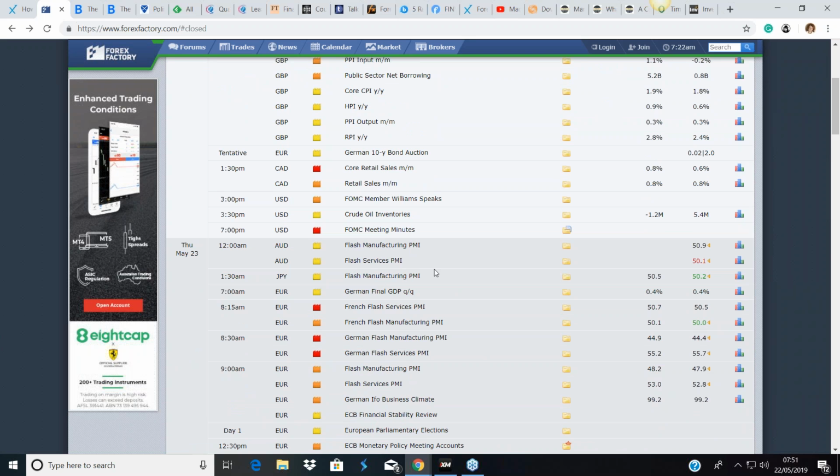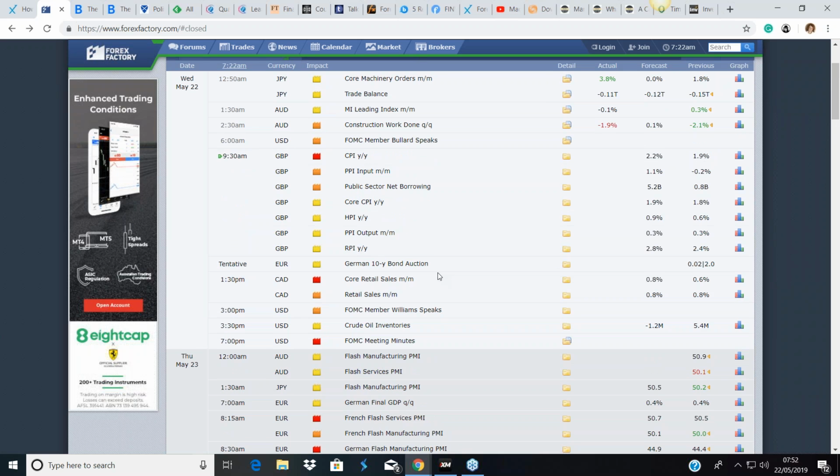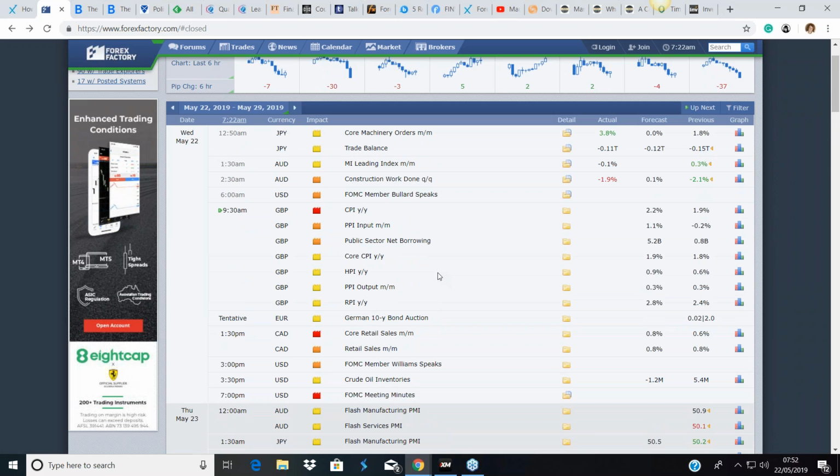So the other point I wanted to make is that today we have, and again, this is a common theme, CPI data for the UK. Now, under normal circumstances, it's flagged as red, yes, it's important. But given the overtones of Brexit, which carry far greater weighting, then the CPI data will have far less relevance and probably far less reaction in the market than one would normally expect.